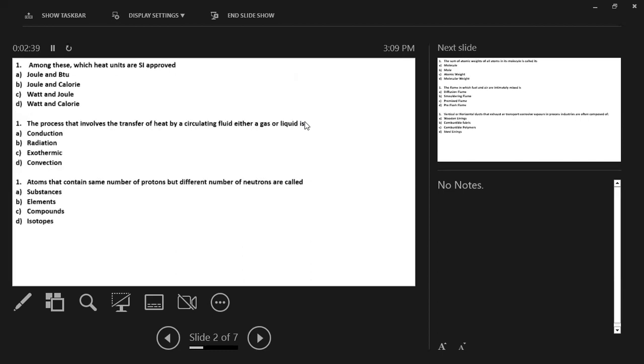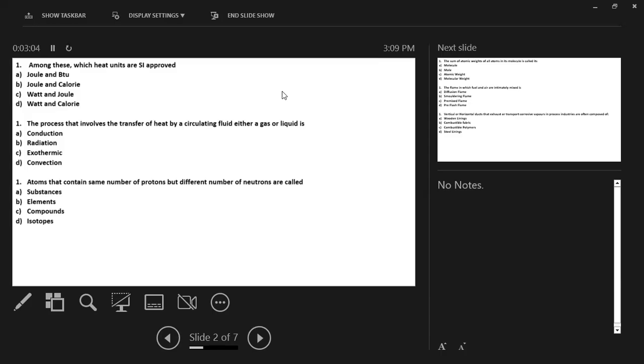Among these, which heat units are SI approved? System International approved. Watt and calorie? Exactly.